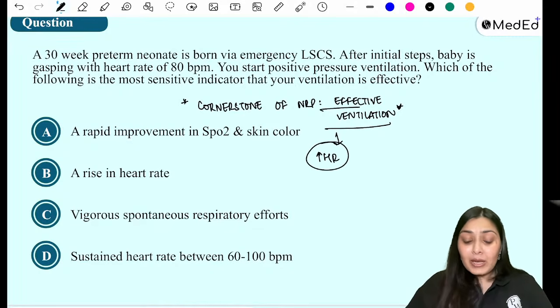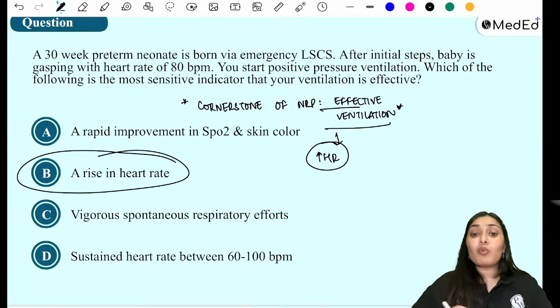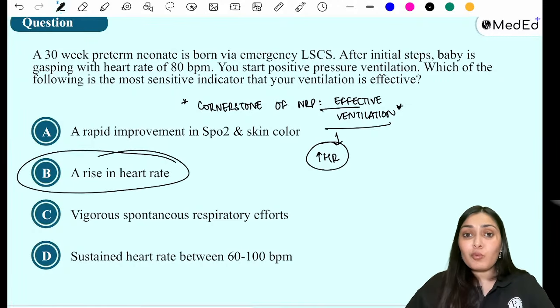And that's why a rise in the heart rate is the most effective sign, most sensitive indicator that your ventilation is effective. Right? Other options are not a sensitive indicator. A rise in the heart rate is the most sensitive indicator.